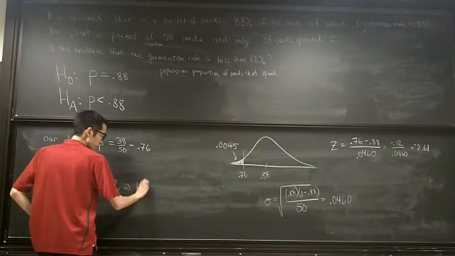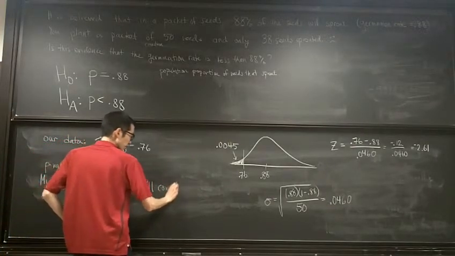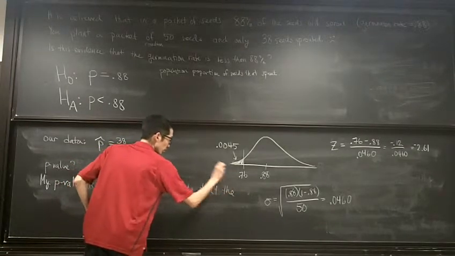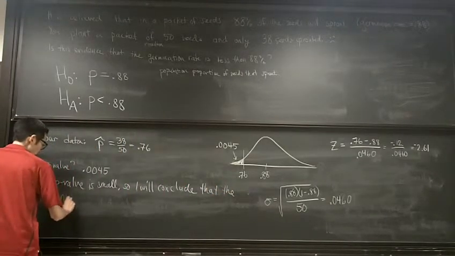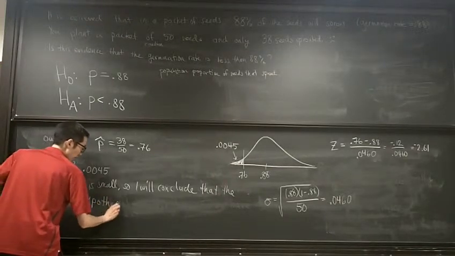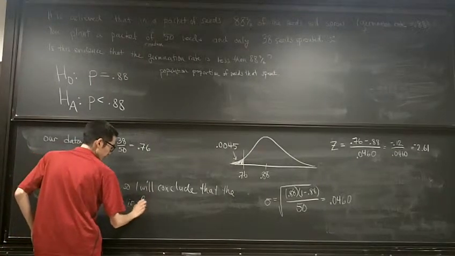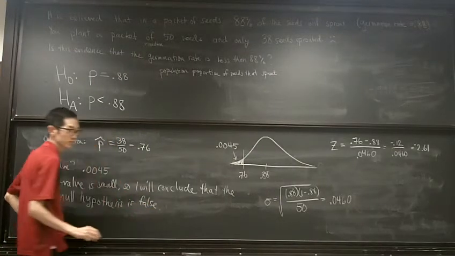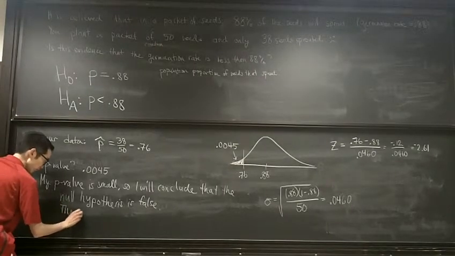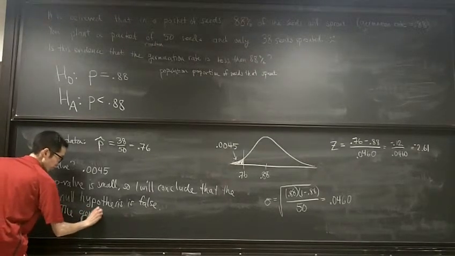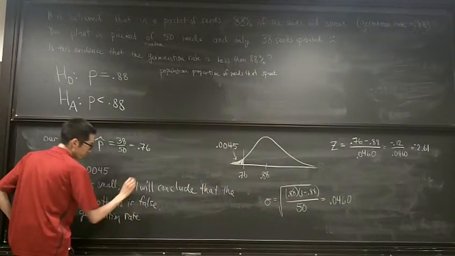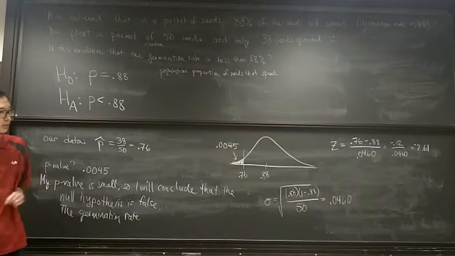So I will conclude that the null hypothesis is false. And the germination rate... Would it be most likely false, or is our saying it's false? It's not correct to say most likely.